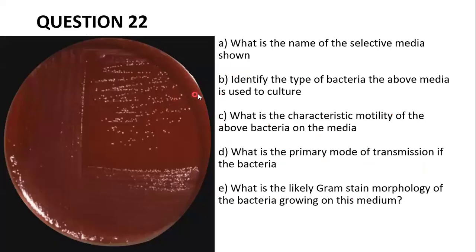Now, look at this. So I think everyone got this question. Name this selective media, the type of bacteria the above media is used to culture, the characteristic motility of the above bacteria, the primary mode of transmission, and then the Gram stain morphology of the bacteria. I think everyone got this. So what is this?